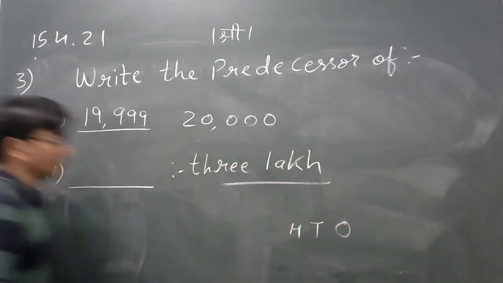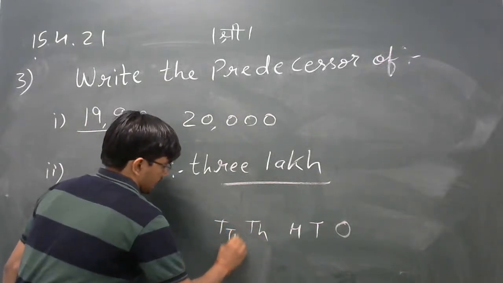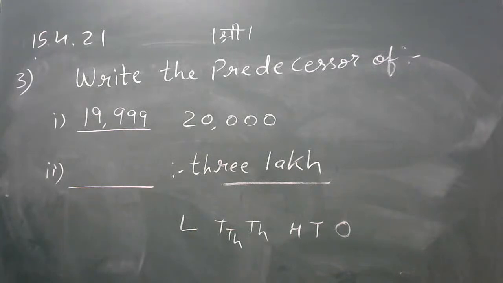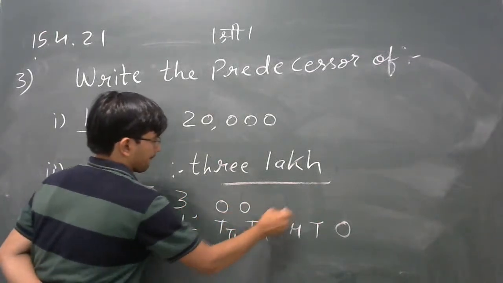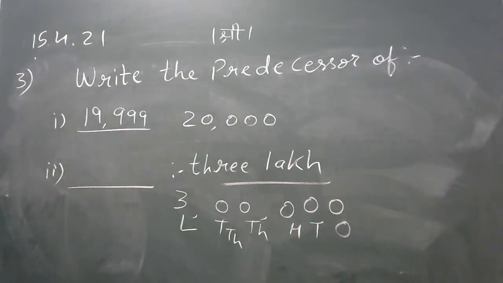Ones, tens, hundred, thousand, 10,000. Then it comes lakh. So we are talking about 3 lakh. It will come just before 3 lakh.